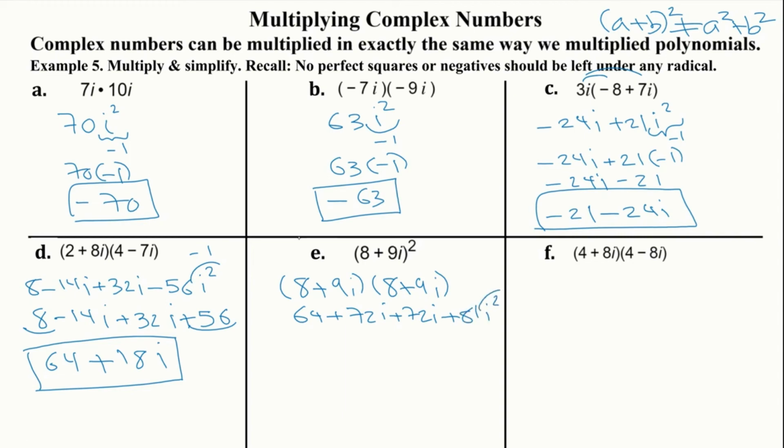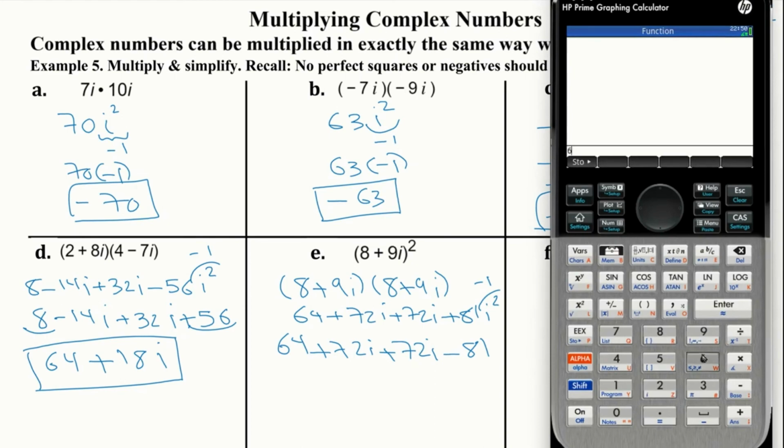We replace the i squared with a -1, so we have 64 plus 72i plus 72i plus minus 81, right? Positive 81 times -1 is -81. Now, 64 minus 81, I'm going to go ahead and be safe.